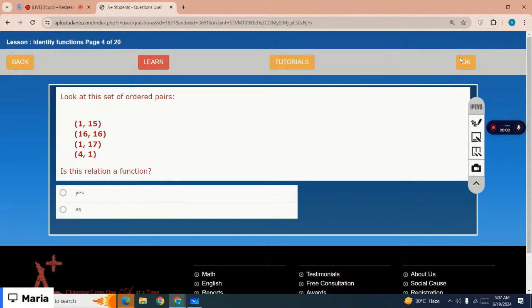Look at this set of ordered pairs. Is this relation a function? Which is the correct option?